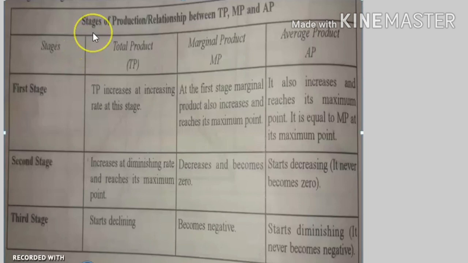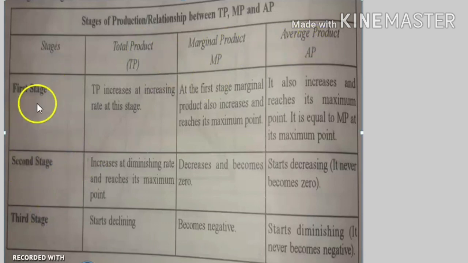Here we can understand the stages of production and the relationship between TP, MP and AP. If anyone asks the relationship between TP and MP, you can explain the three stages and draw these two columns. And if anyone asks about TP and AP, you can explain the three stages with the TP and AP columns.